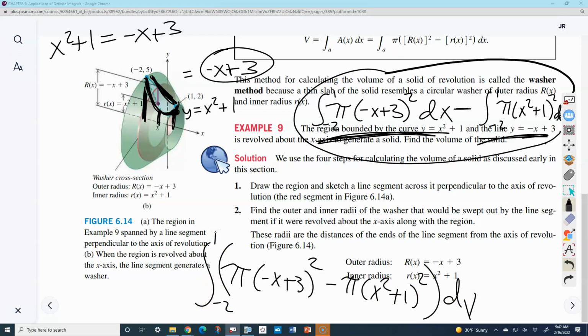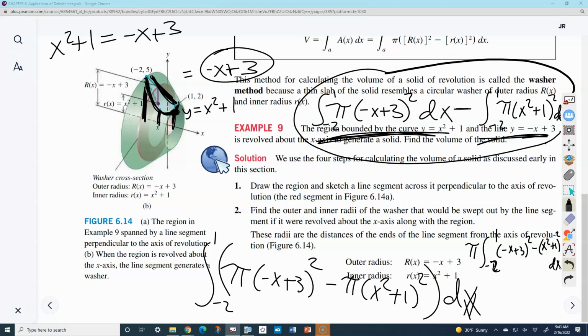You could even factor out the pi from the whole thing. It could be pi times the integral from -2 to 1 of negative x plus 3 squared minus x squared plus 1 squared dx. You can do it like that. That's fine too. That's just as good, maybe even better. You can do it either way.